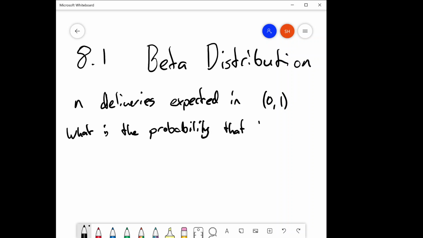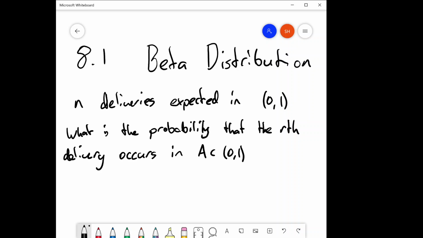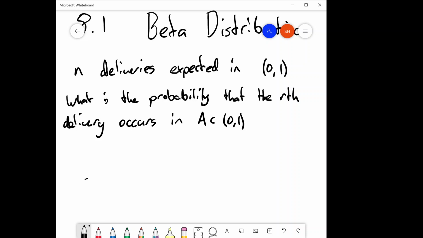that the rth delivery occurs in, say, a subset of 0, 1. Say this could be a small interval. So essentially, as a picture, you've got your time axis, say 0, 1.